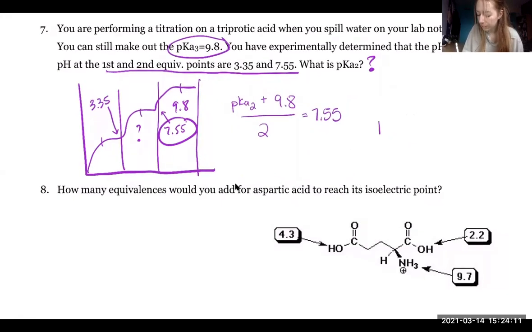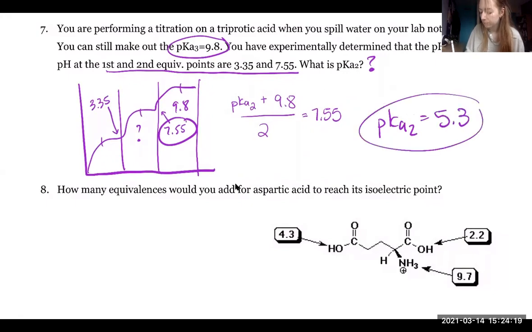Okay, so then once you solve for this, you should get 5.3. Okay. Right, we don't use 3.35. We don't need all the information in this problem.